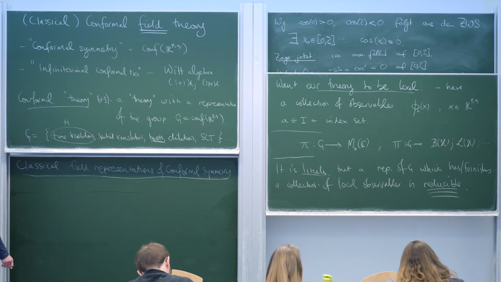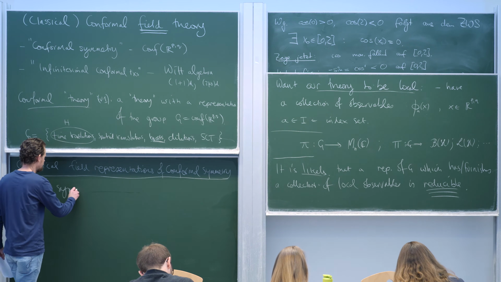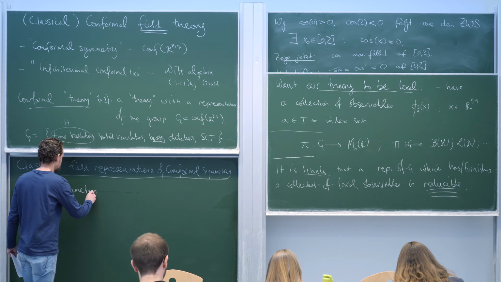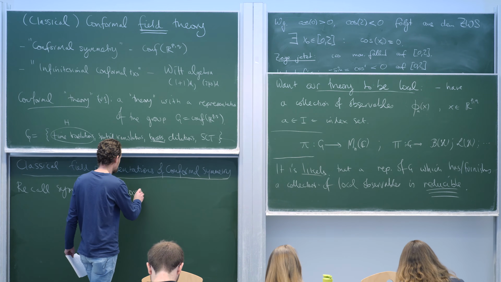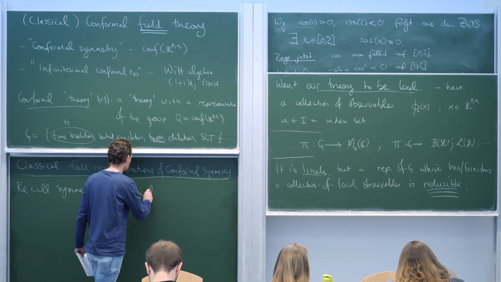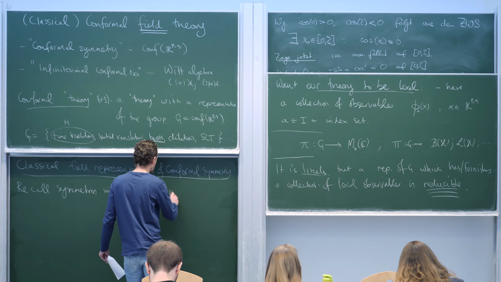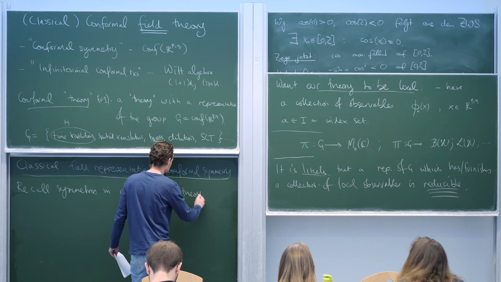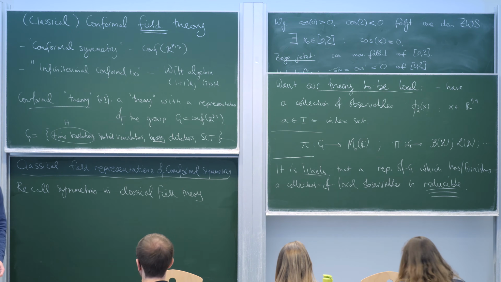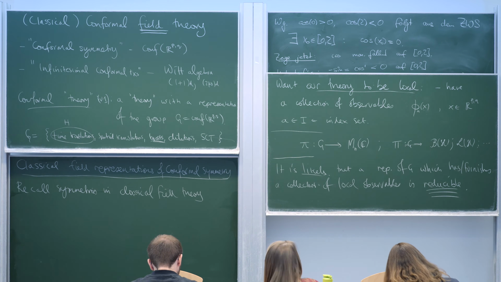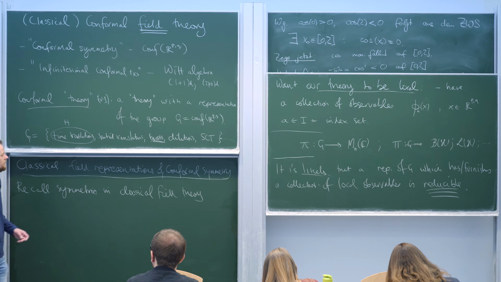So just recall how to do symmetries in classical field theory. This is something we covered at the beginning of the first quantum field theory course, but it doesn't hurt to remind you and set some notation here.